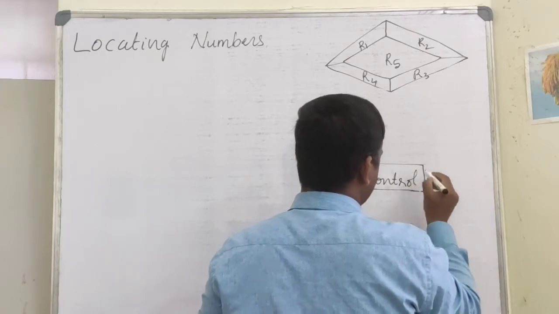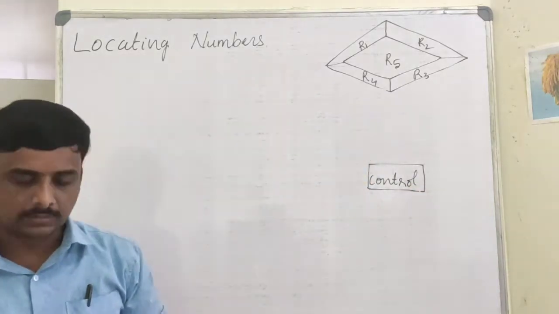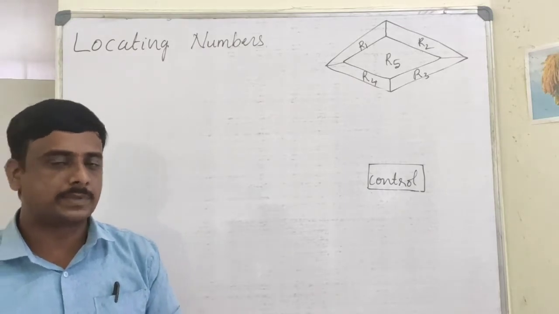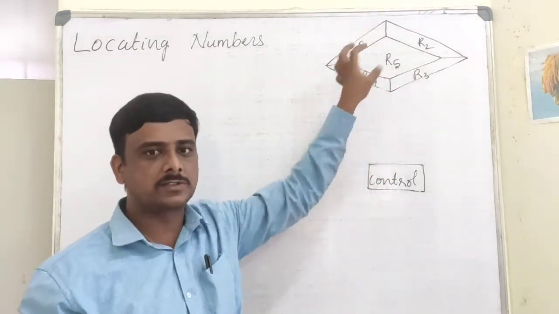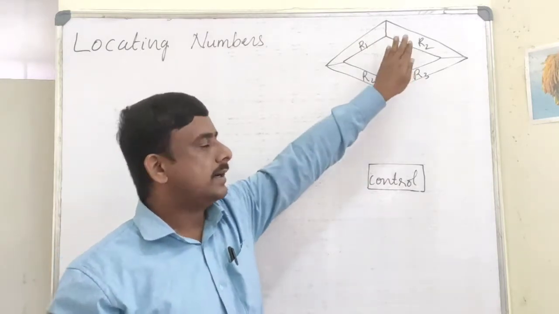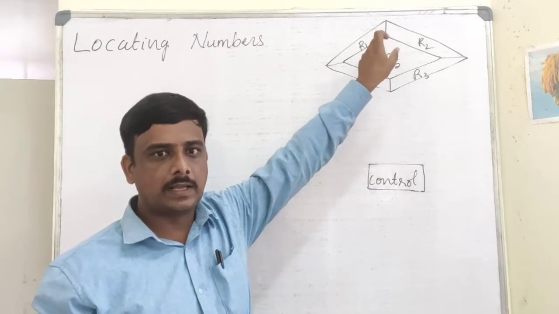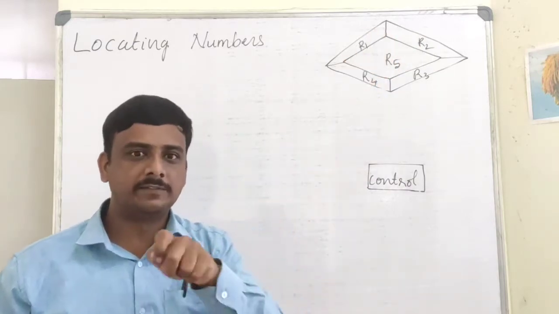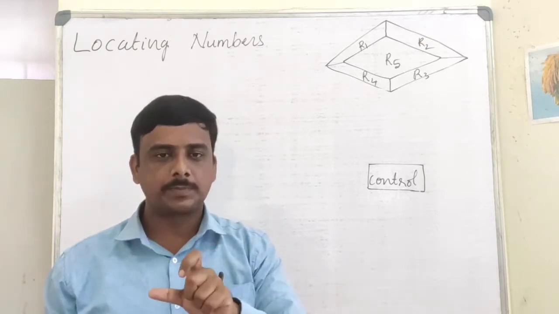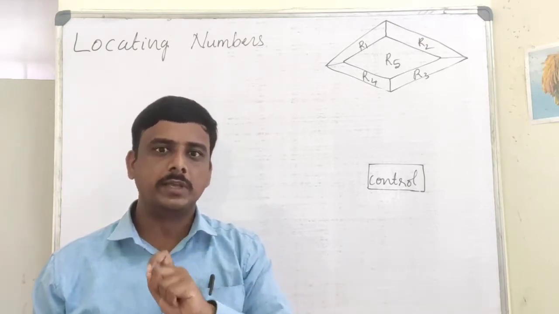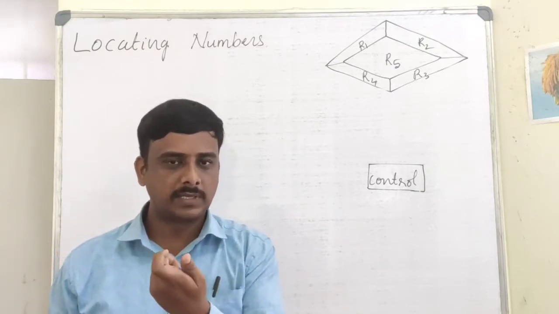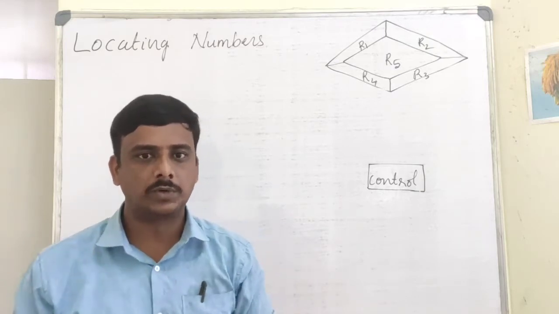To do that, it has to identify in which room the fire has happened. So for that purpose we will assign a code to each room. For the code we use the distance from that room to another vertex.